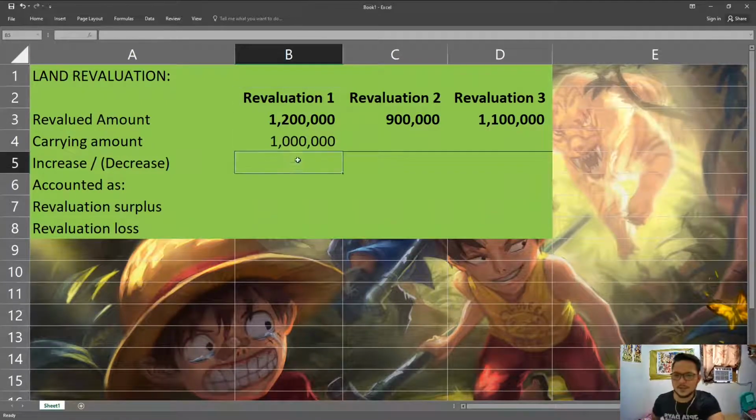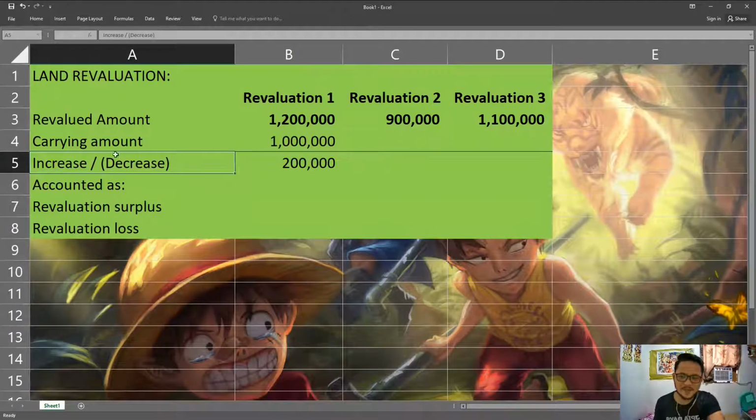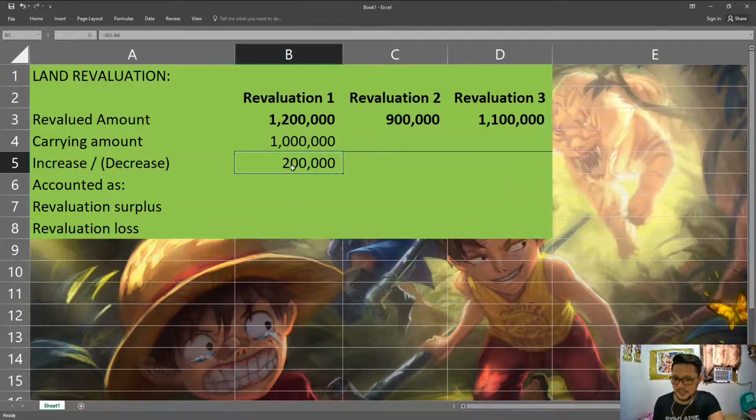Okay, so first revaluation. 1,200,000 versus 1,000,000. What happened here is the revalued amount is greater than the carrying amount, which means na positive ang difference nila. It is a revaluation increase. This increase will be accounted for this way.